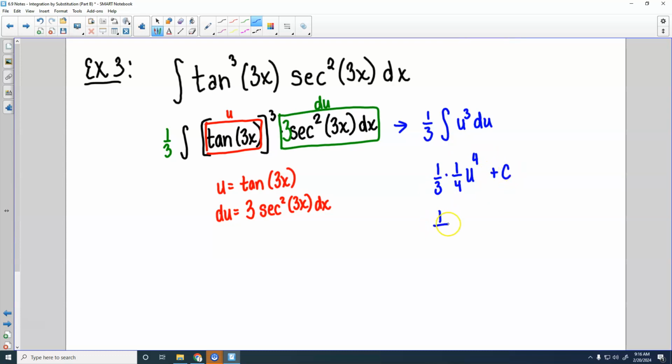So I'm going to get 1/12, and then I can plug my u back in if I want here. Tangent of 3x to the fourth power plus c. It's probably more likely to be written this way: 1/12 tangent, I'll put the fourth power right here, of 3x plus c.